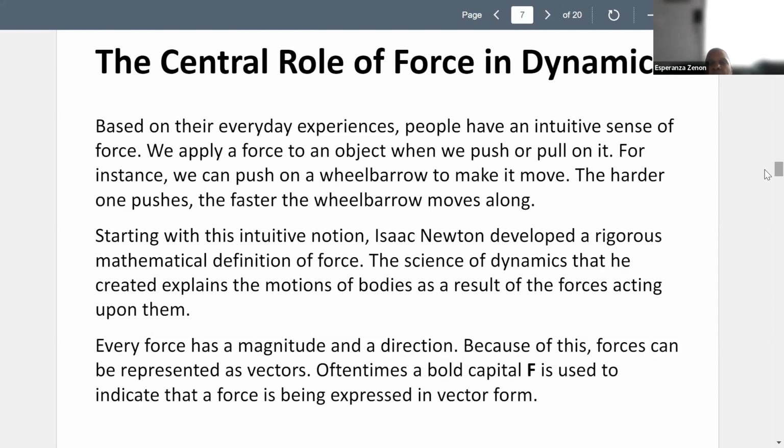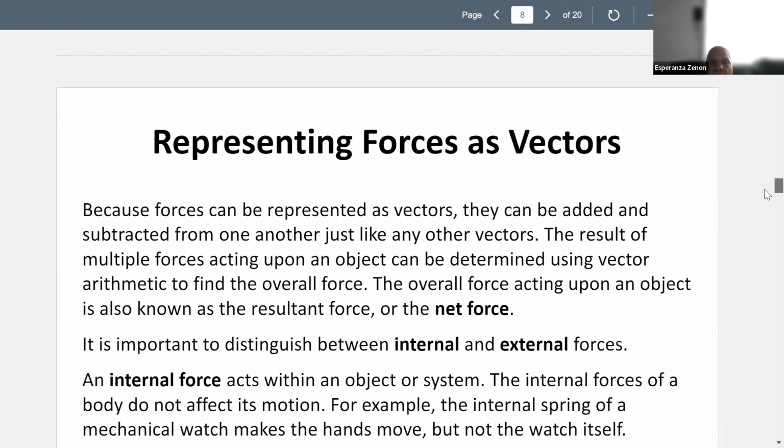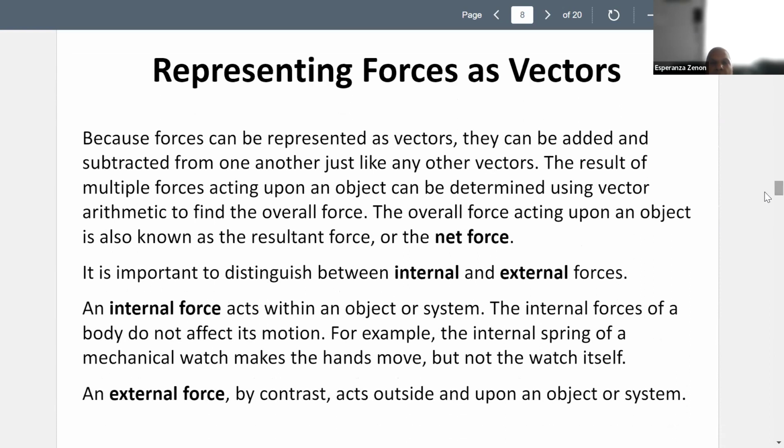We don't have to get into all of those kinds of details. We just have to understand that a force is a vector because it has a size, which is its magnitude, and a direction. So when we represent forces as vectors, we have to understand that they can be added or subtracted. Forces can be added or subtracted just like any other vectors.